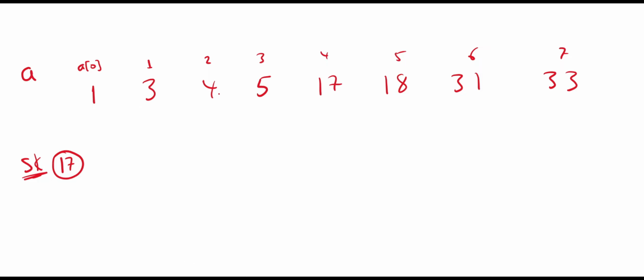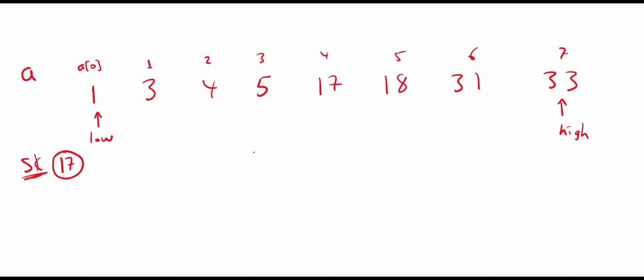How does binary search work? First of all, it starts with low and high points. Low is 0 and high is 7. Low and high keep the index numbers of the first and last element that it is going to search.